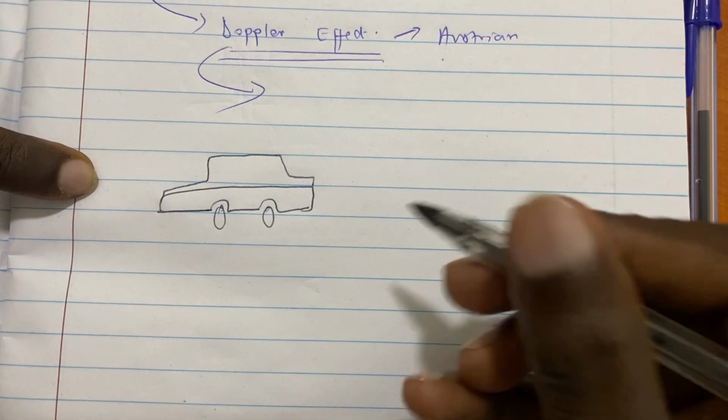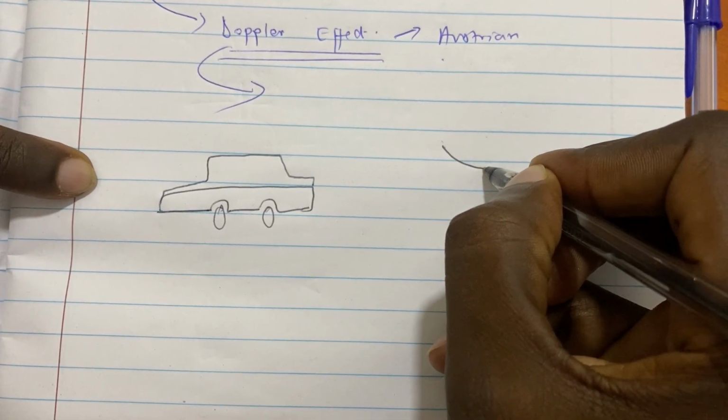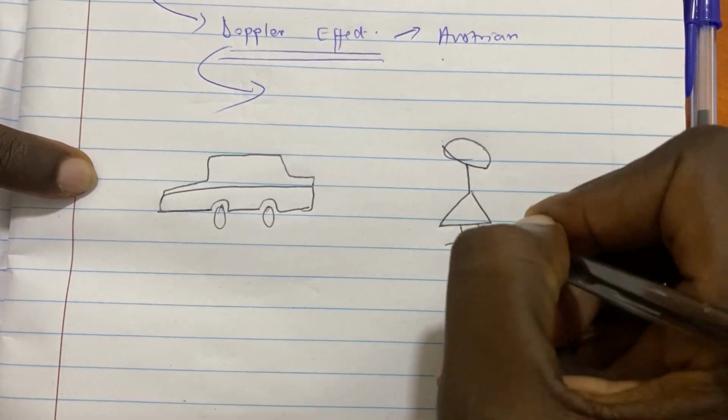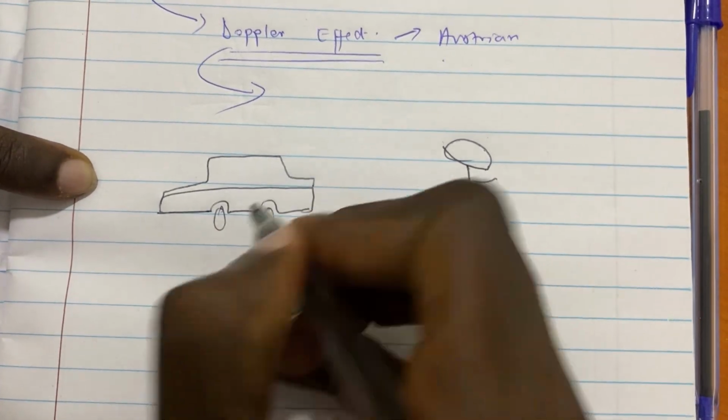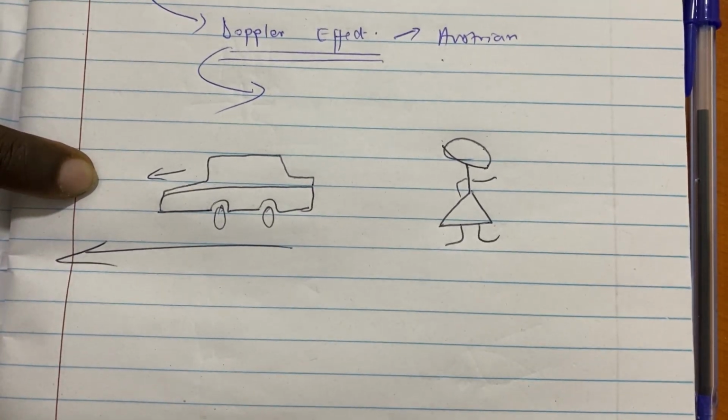The observer is here, observing, and this car is going that side.